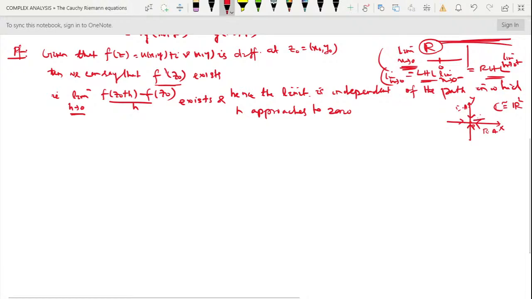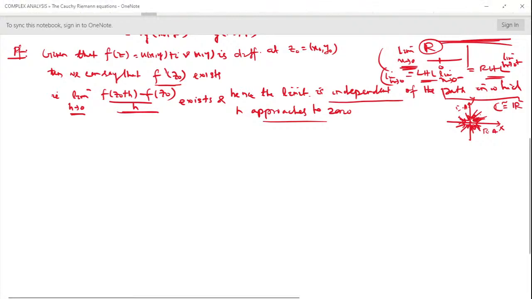Also you can approach this way, this way, this way, in different ways. And this is saying that the limit as h goes to 0 exists. That means, hence, the limit is independent of the path in which h approaches 0. So in which way we approach does not matter.